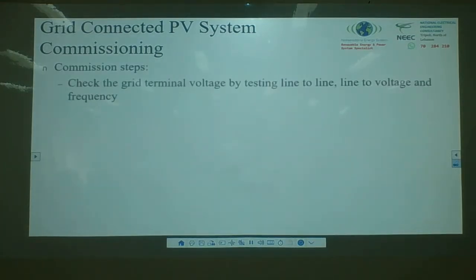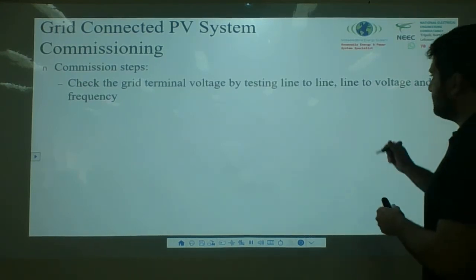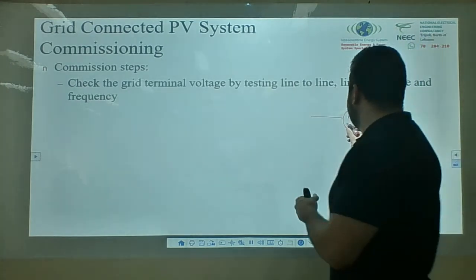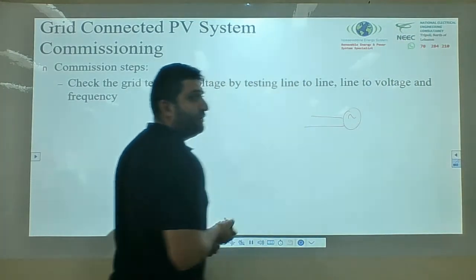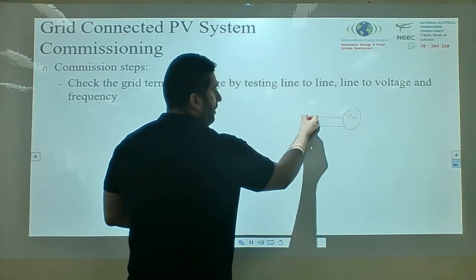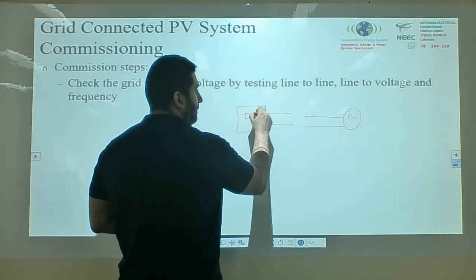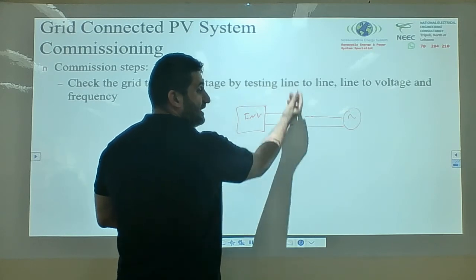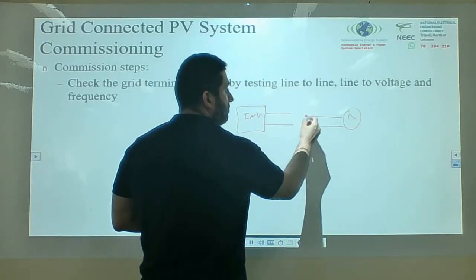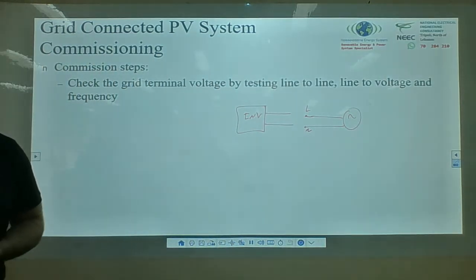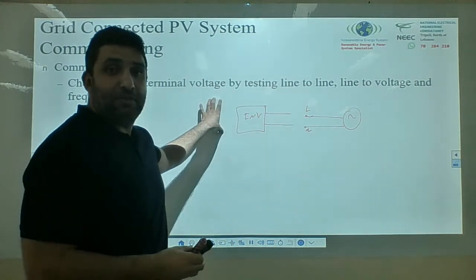Then, check grid terminal voltage. So for example, this is my grid. I have the grid coming up. Is it single phase or is it 3-phase? If it's single phase, this is my inverter. Everything is open. I test this one. This is line to neutral. I check, for example, my system inverter, is it 230 volt?